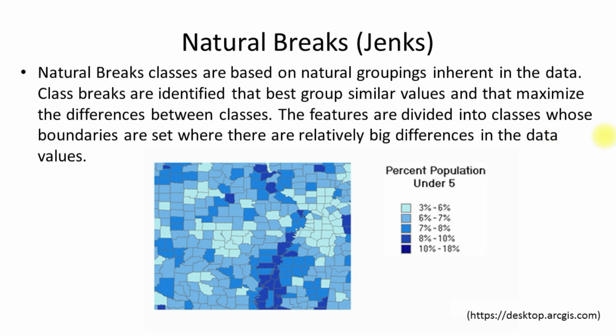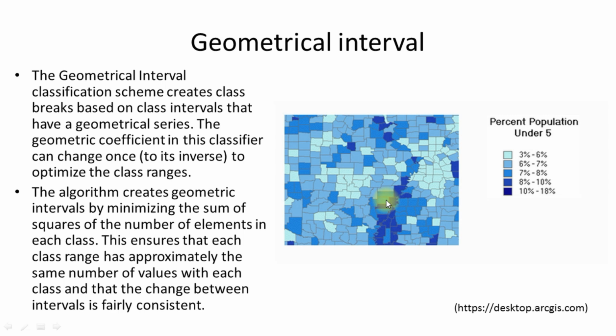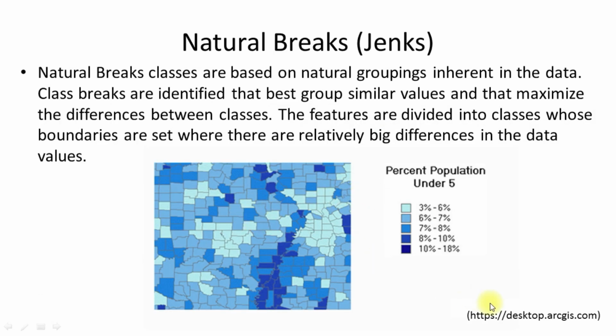So when you choose natural breaks and the number of classes, ArcGIS automatically differentiates between the data values and puts each data value, for instance in our case the attribute percent population under 5, from each polygon into different classes, looking at the differences between classes, maximizing the differences between classes.